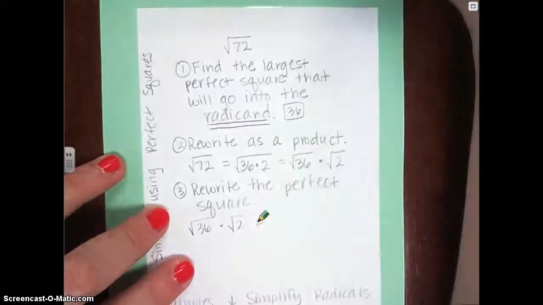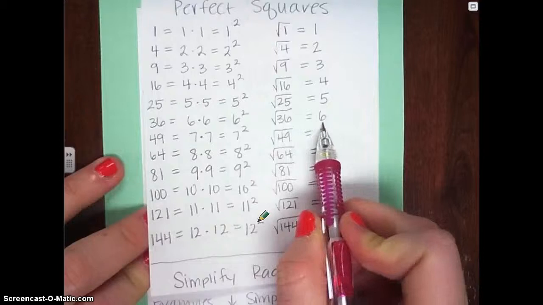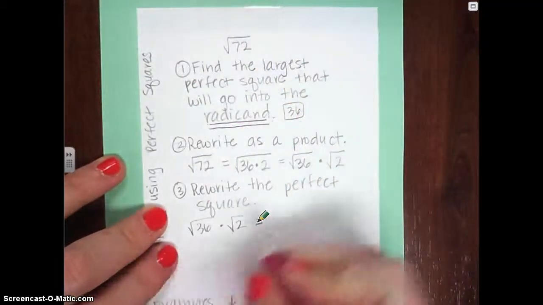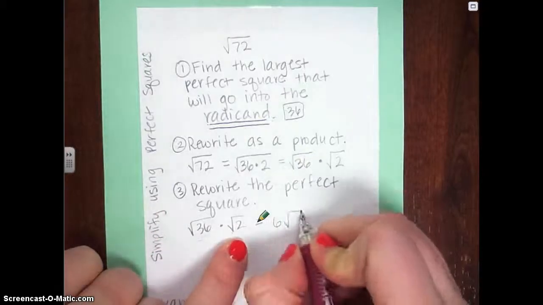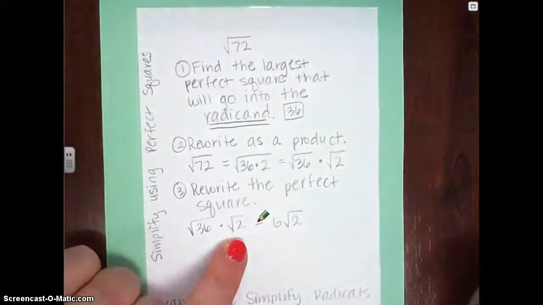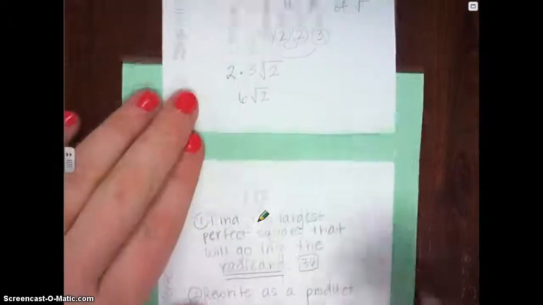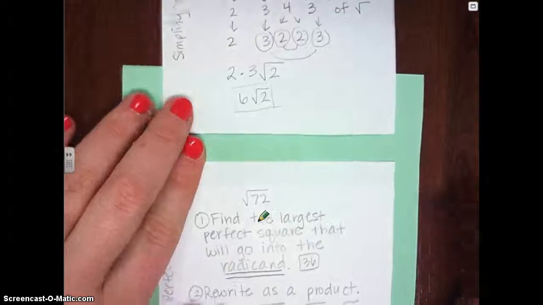Now on our perfect square list, the square root of 36 is equal to 6. So if I simplify this square root of 36 to just 6, this one does not simplify, so I just leave it as square root of 2. So we got the same answer here as we got here, just two different methods.